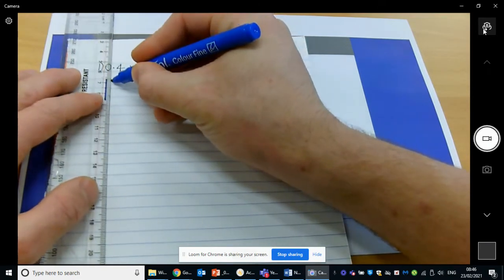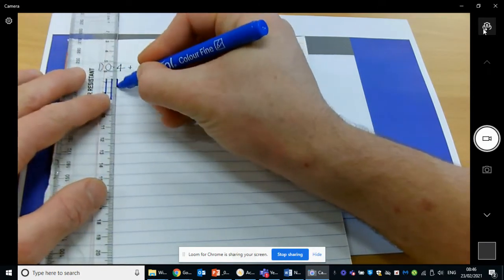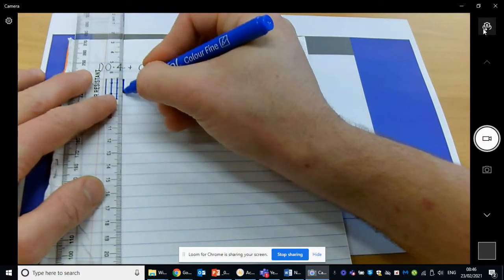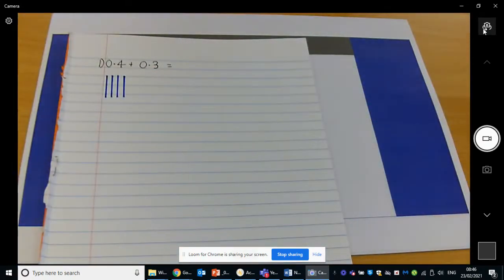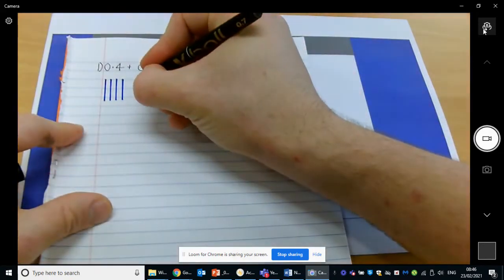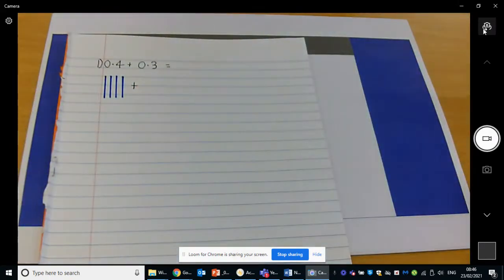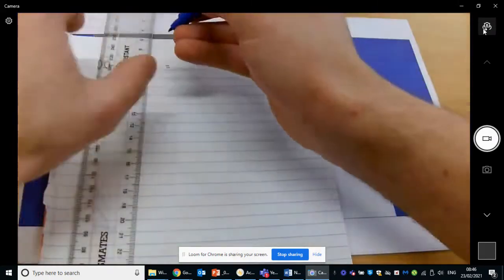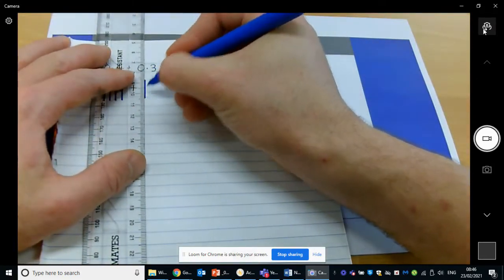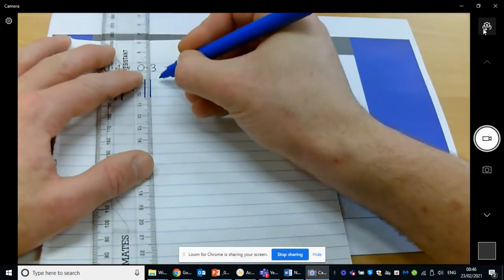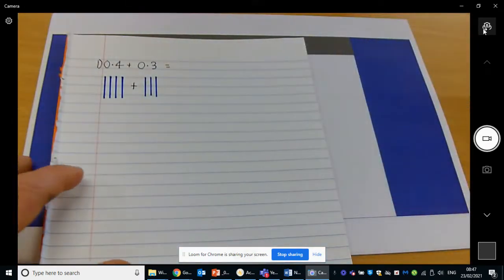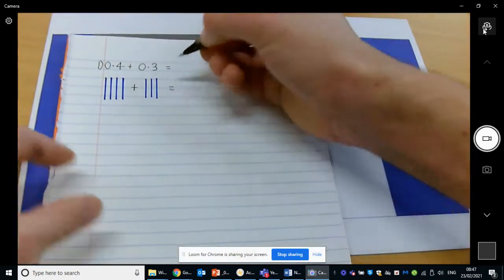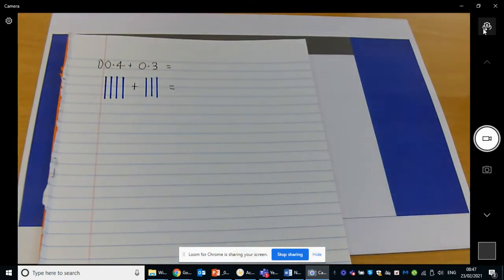So 1, 2, 3, 4. Then our plus sign, 0.3, 1, 2, 3, equals, and then I'll leave it up to you to figure out the answer.